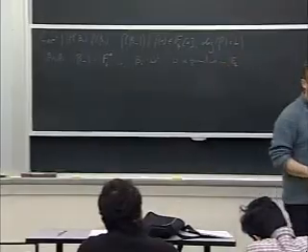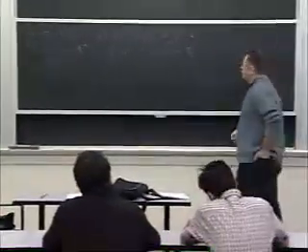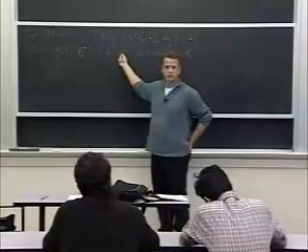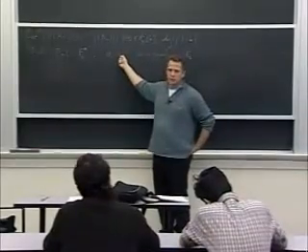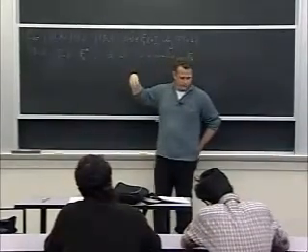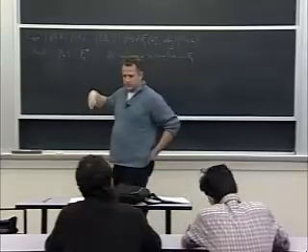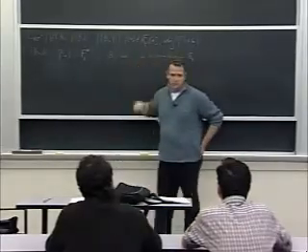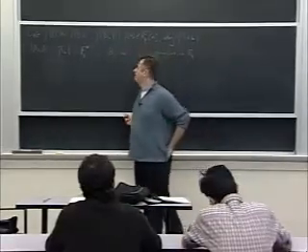You remember that primitive means that the powers of omega cycle through all the non-zero elements. Remember the non-zero elements are a multiplicative group, and it's a cyclic group, and omega is the generator of the group. Okay. Good.